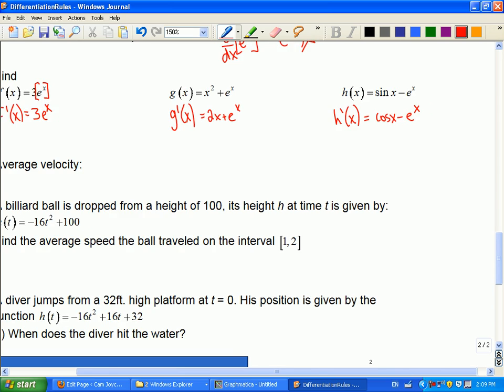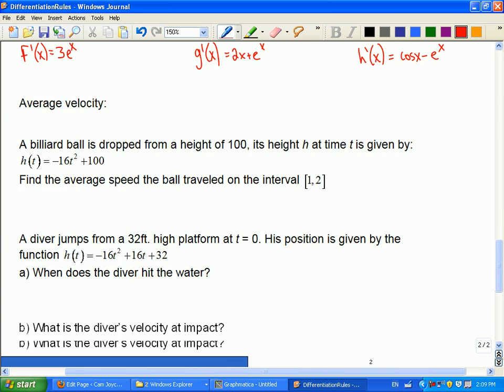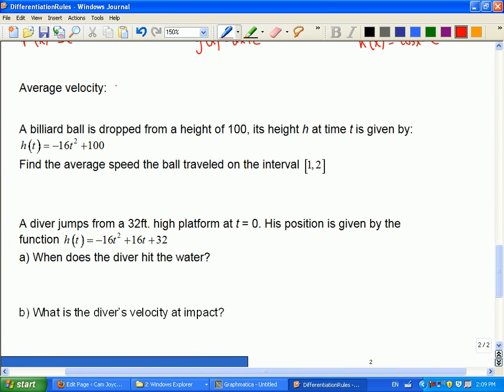So here's a couple things that we'll take a look at. Average velocity, that's just like your regular secant line or your grade 10 slope. So you could do that as, we'll call that, you take your velocity at time t minus your velocity at time 0 divided by t minus 0.